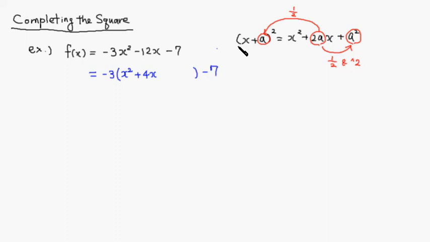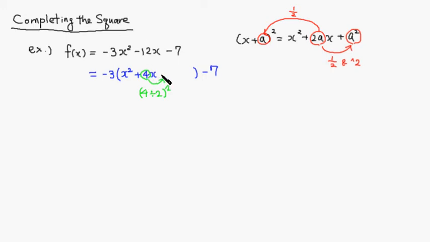Then what we need is a third number to complete the square. We have 4 already here, but we would like to get a third number, which is 1/2 of this number. So 4 divided by 2, then square this. 1/2 of 4 would be 2, then 2 squared would be 4.